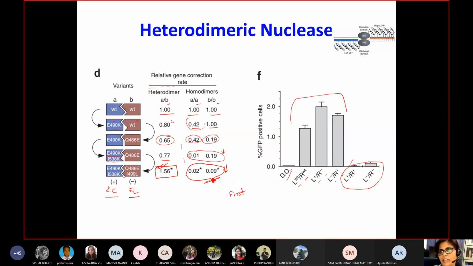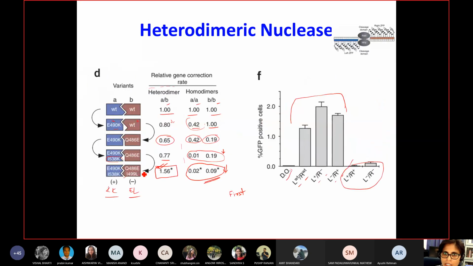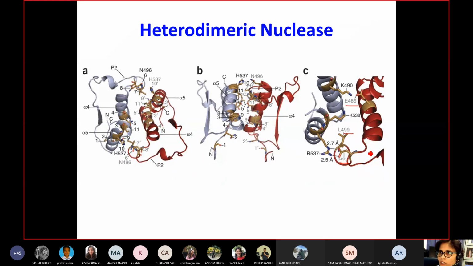And slowly later I found another enzyme, another paper where they also mutated one more residue, for example 496 in this case. So what they have shown here, this is the EL mutant that I have shown already in this case. This is the EL mutation, right? And in place of the original asparagine 496, in this case they have mutated asparagine into aspartic acid.